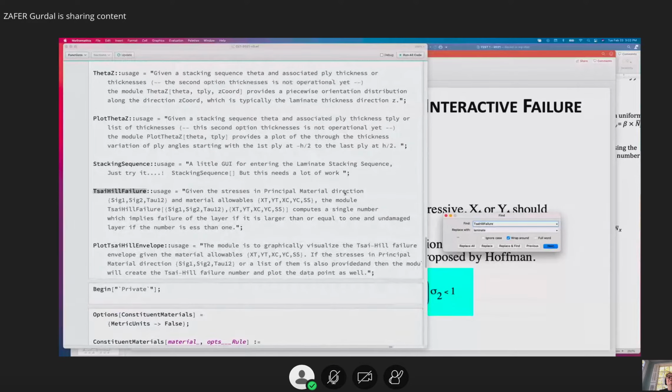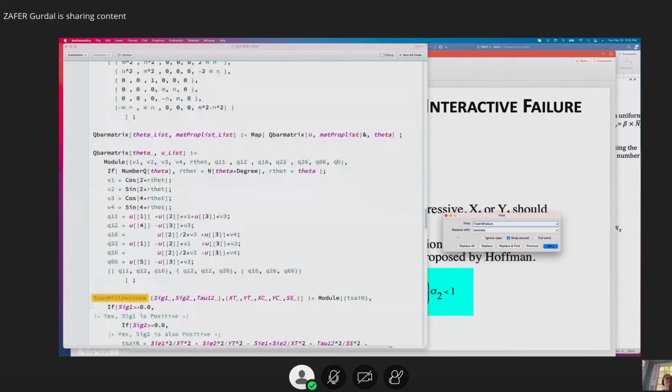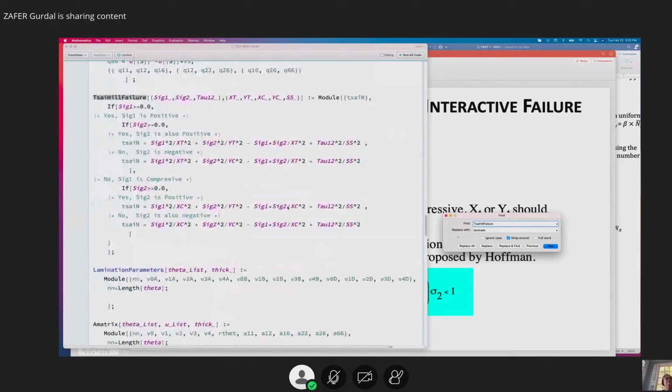Given the stress state in principal material directions, you provide sigma 1, sigma 2, tau 12, the material principal direction stresses, and then you give the entire 5 values of the strengths, and the module computes the Tsai-Hill number and gives you back that number, and this is the function that does that.